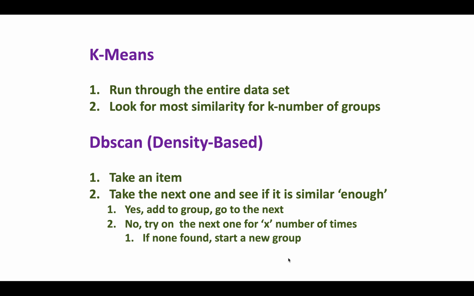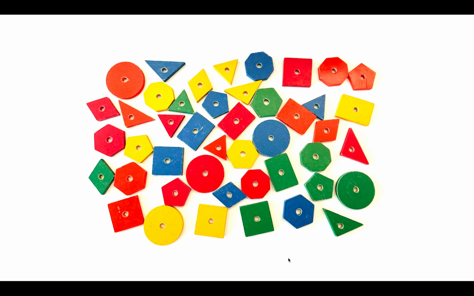The other one is something called DBSCAN, a density-based strategy. You take an item and you take the next item, you consider whether it's similar enough. If it's similar enough, you add it to the group and you go to the next, and if not, you try the next ones a number of times, and if no one is found, you start a new group. Yeah, and I'll demonstrate how that works.